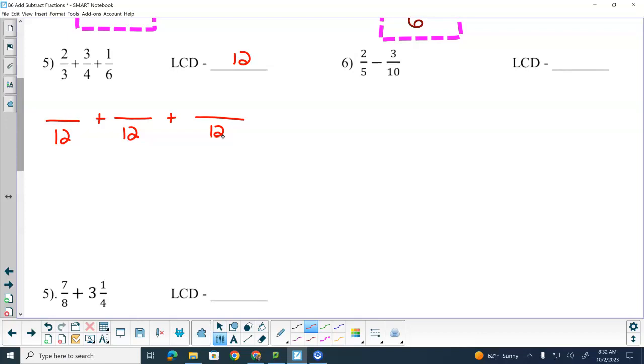Two-thirds is how many 12ths? 8. Because I multiplied 3 by 4 to get 12, so I've got to multiply the top there by 4. 3/4 is how many 12ths? 9, so I've got to multiply by 3 to get that. 1/6 is how many 12ths? 2, so I've got to multiply by 2 there.